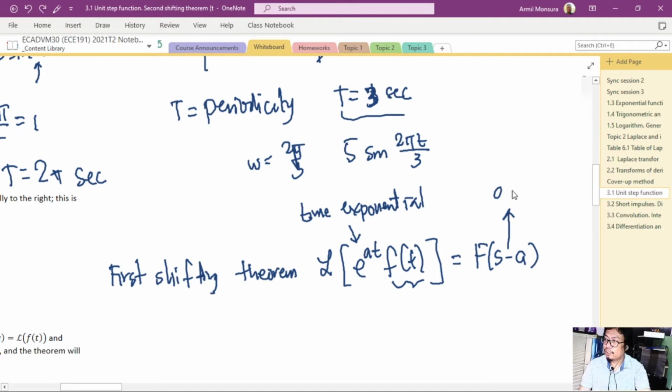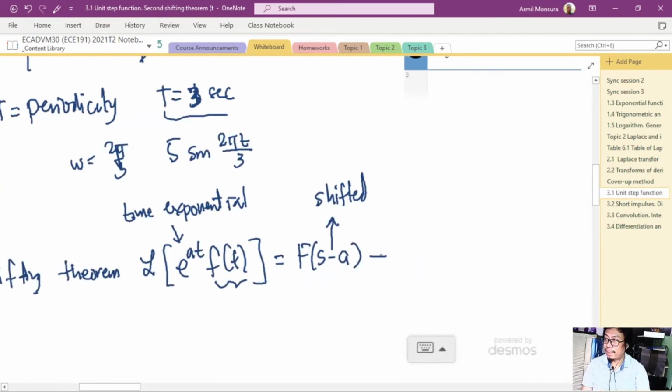So your function in the s domain is being shifted, and the shift happens in the s domain. That is why we call the first shifting theorem s shifting.